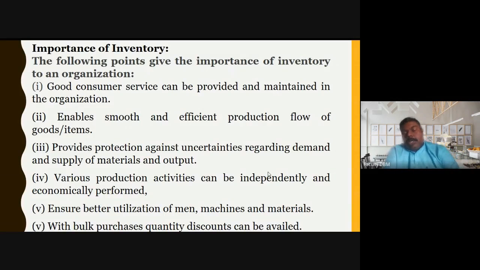It provides protection against uncertainties regarding demand and supply of materials and output. So, in order to have the stock so that demand and supply problems may not be created, the various production activities can be independently and economically performed if you have the stock.